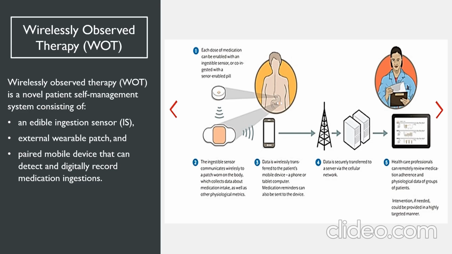It consists of an edible ingestion sensor. So that means on each tab there is a sensor and it's edible. And then there is an external wearable patch. And then there is a paired mobile device that can detect and digitally record medication ingestions. So it gets sent to your mobile phone.